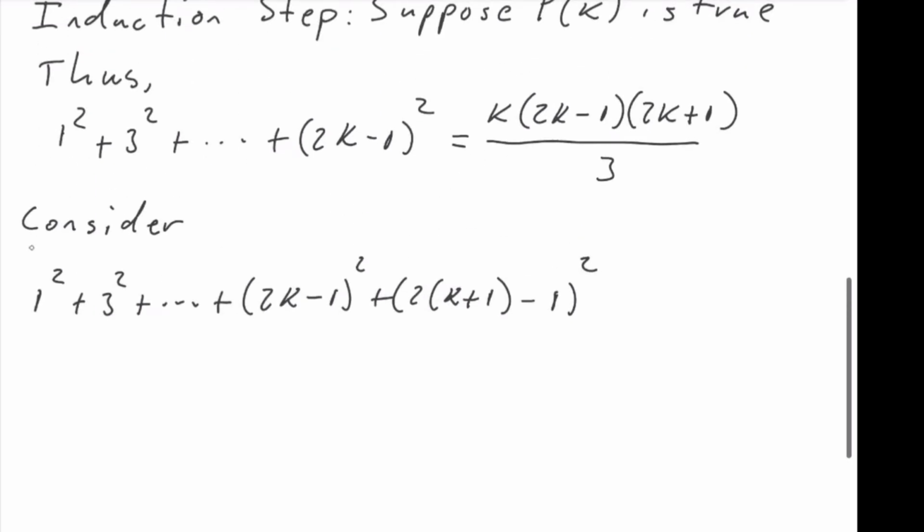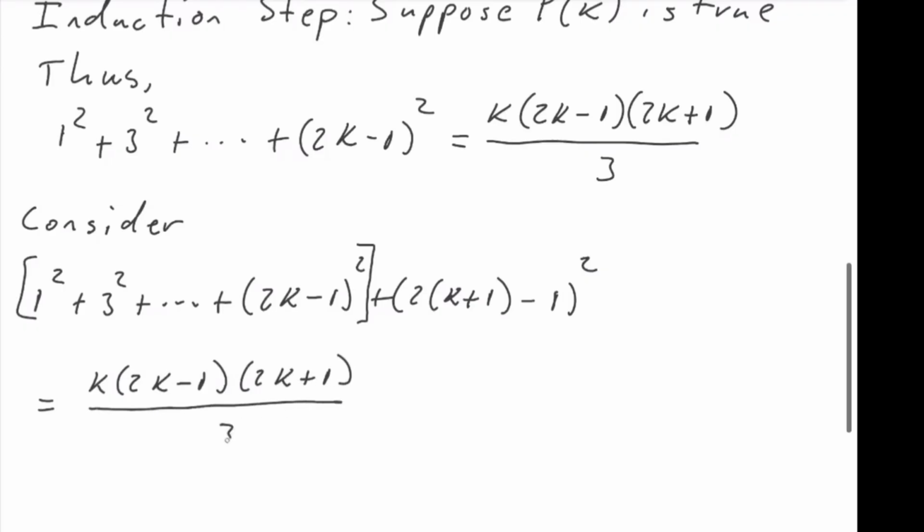All right, from our induction step, we know this sum is equal to this formula. So we know this is equal to k times 2k minus 1 times 2k plus 1 over 3, and then plus what we have left over.